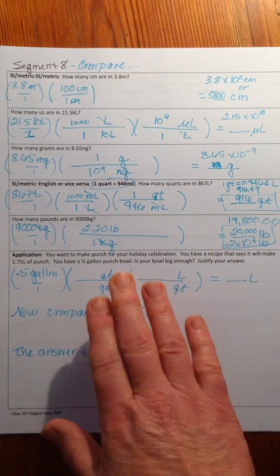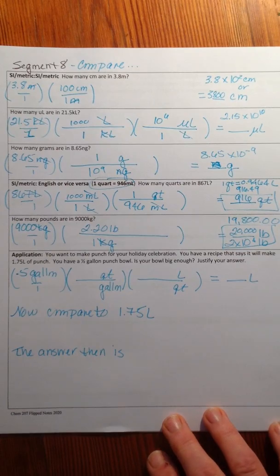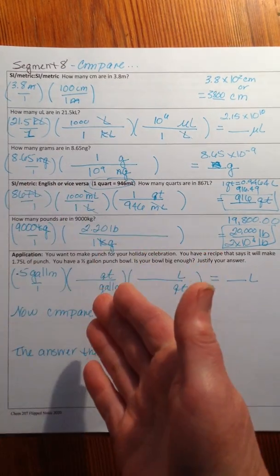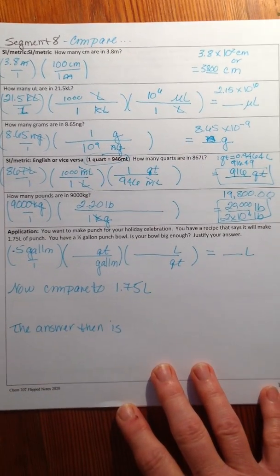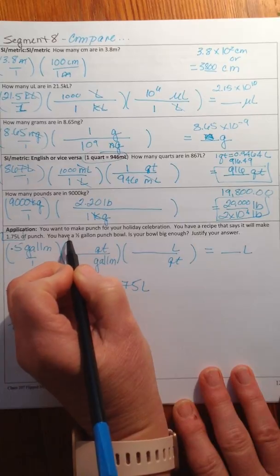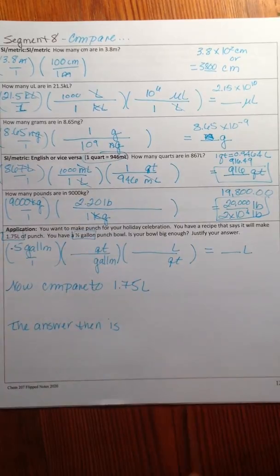Okay? Application, all of these are just basic conversions which you should be able to do. Applications mean you have more information, more things that you have to do. So here our starting places are 1.75 liters and a half a gallon. You have to change to a common unit in order to compare.